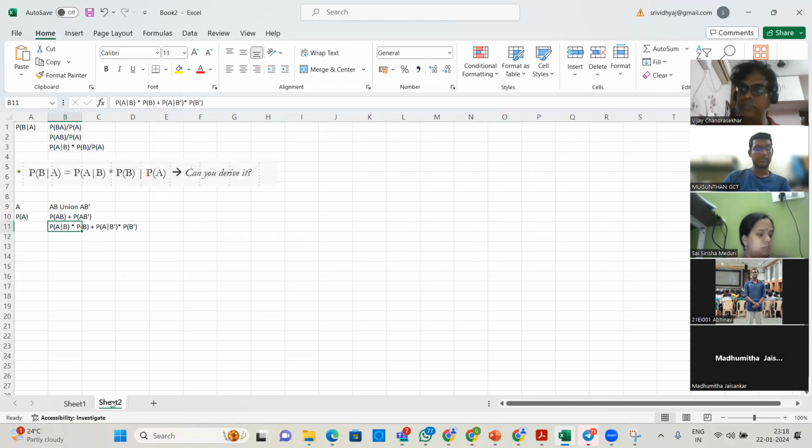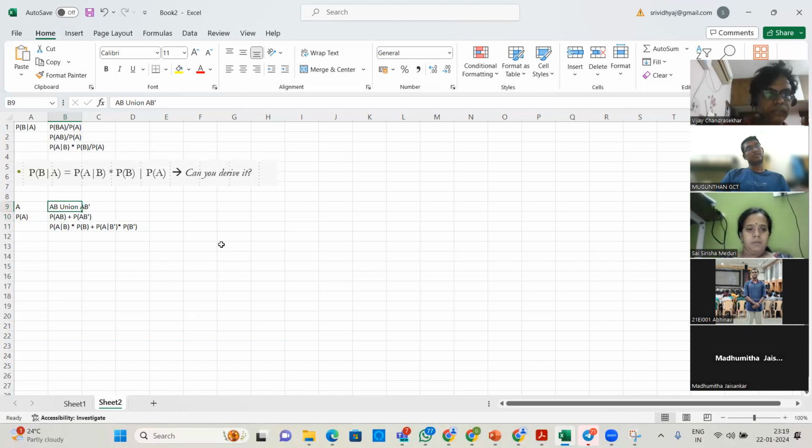I have a doubt. We wrote A as A intersection B union A intersection B complement, right? And we added those probabilities, but while expanding it, how can we separate it as A and B complement?